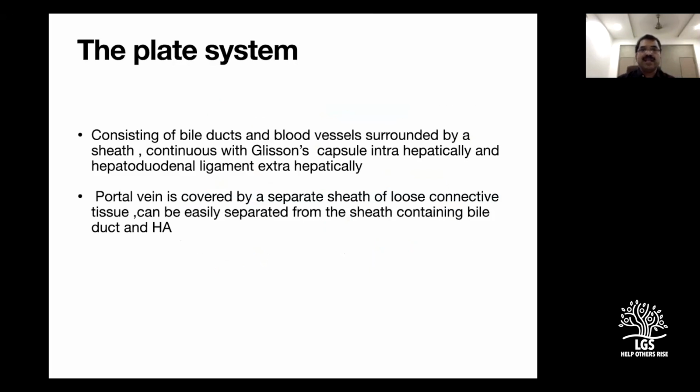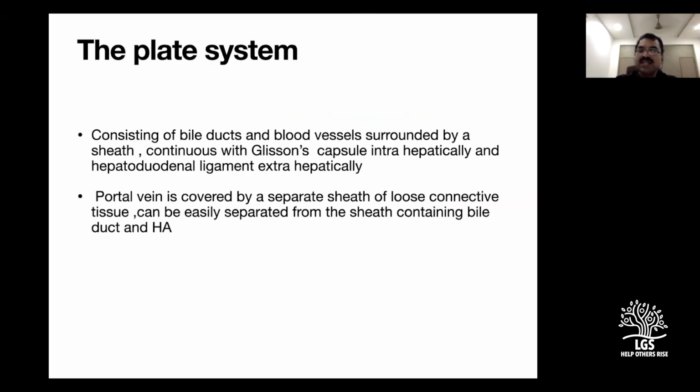So the second part of my topic is the plate system. The plate system is actually seen at the liver hilum. It consists of bile duct and blood vessels surrounded by a sheath, which continues with the Glisson's capsule intrahepatically and the hepatoduodenal ligament extrahepatically. But at the hilum, when you see the plate system, the portal vein is covered by a separate sheath of loose connective tissue, which can be easily separated.